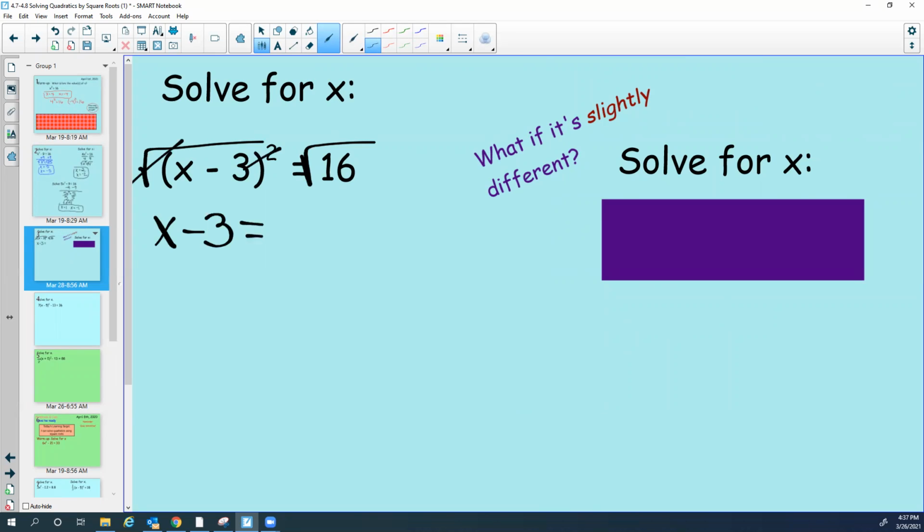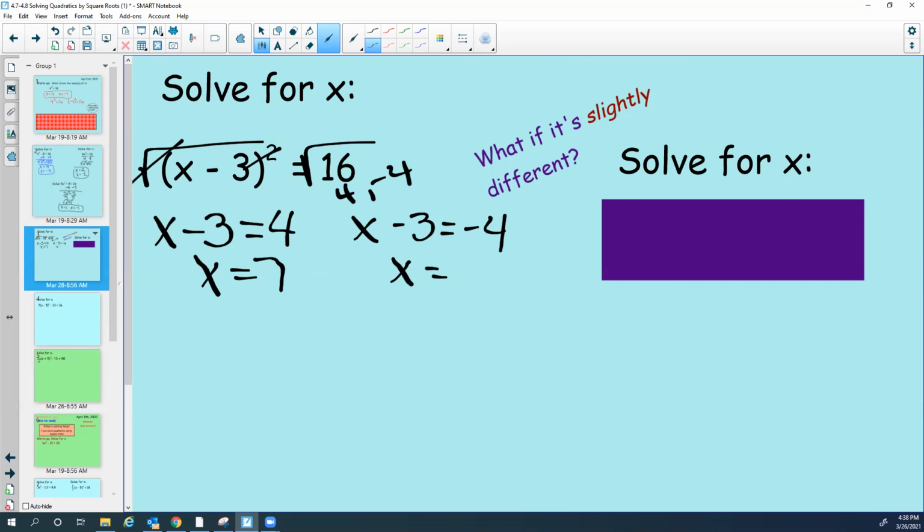But on the right side, the square root of 16 is 4 and negative 4. So I'm going to have two equations when I take the square root. X minus 3 equals 4, and x minus 3 equals negative 4. I would have to solve both of them for x. The one on the left, I get x equals 7. The one on the right, I get x equals negative 1.